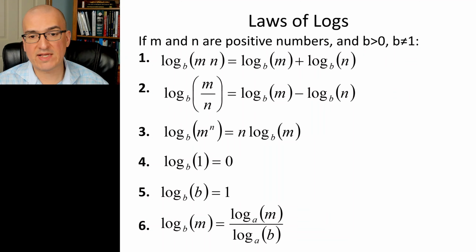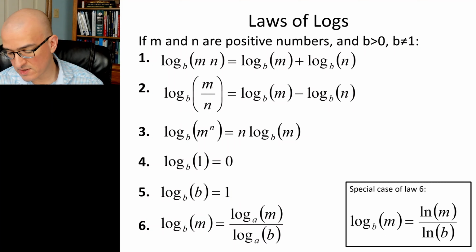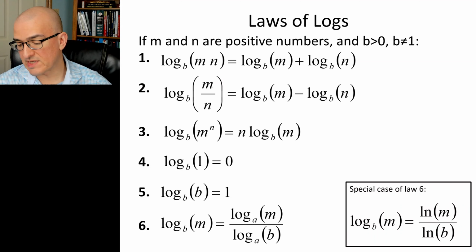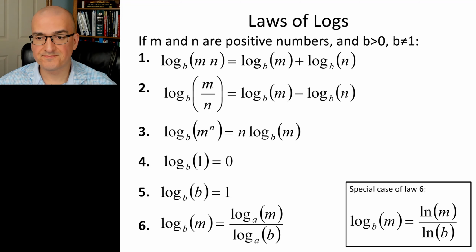So log base 7 of 10, you'd rewrite as log base e of 10 divided by log base e of 7. Then you'd be able to compute that on your calculator. So that's primarily how this formula is used. Here's a special case with log base e being rewritten with ln, a special case of this law.